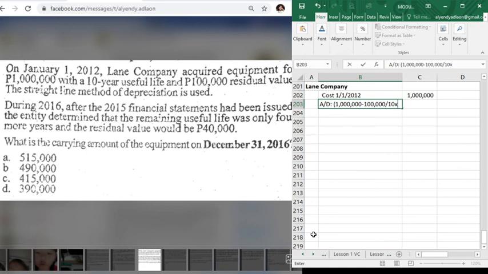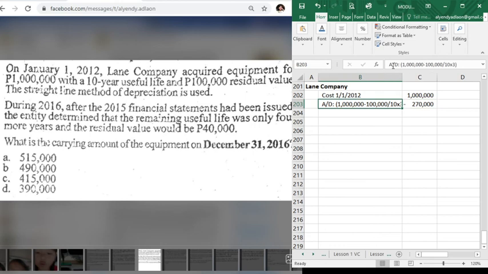Starting from 2012, 2013, 2014, that is for 3 years. So, 900,000 divided by 10 times 3 years, we have 270,000 pesos, the accumulated depreciation.